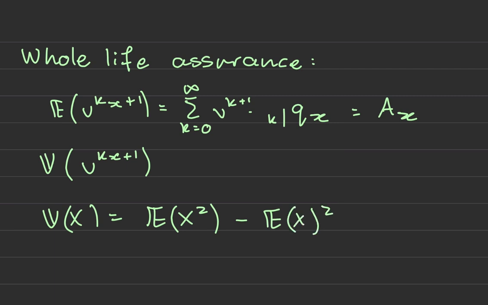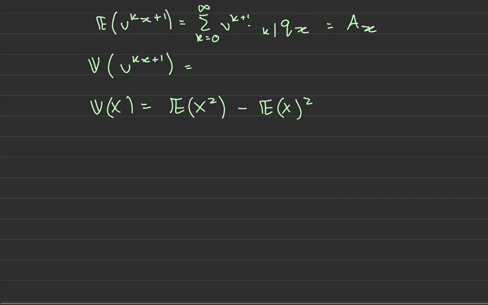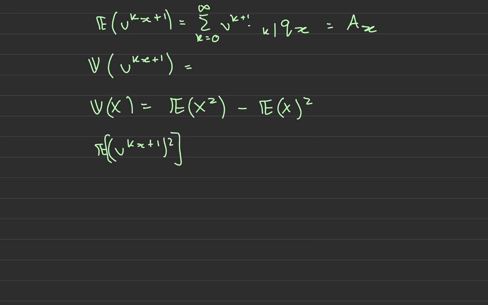So applying that logic to this, we must then take the expectation of this squared. So let me do that down here. I'm trying to do the expectation of v to the K_x plus 1, squared.